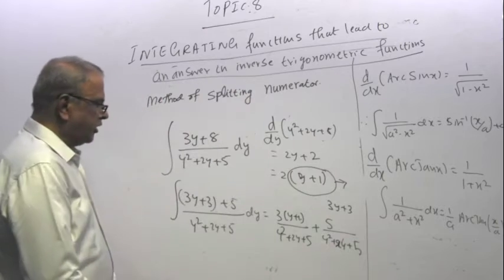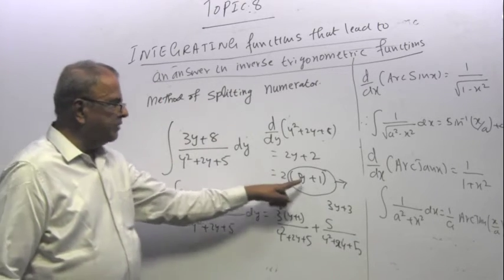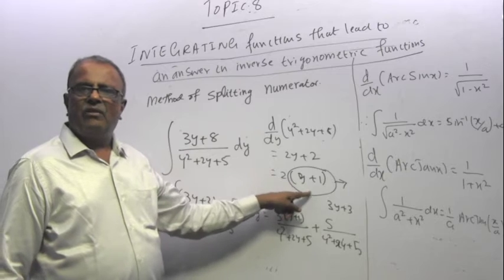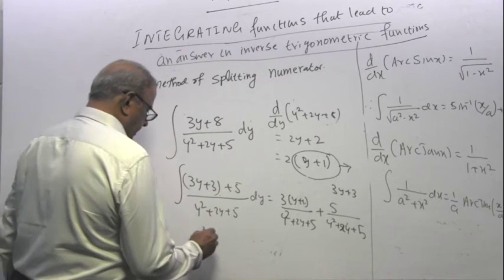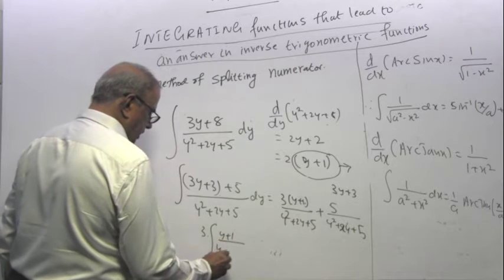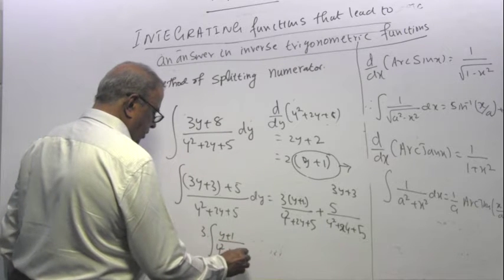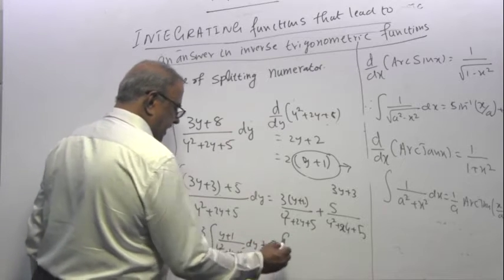I have now split the numerator, but the way you split the numerator is by identifying the derivative of the denominator. Be careful. So that becomes 3 integral y plus 1 over y squared plus 2y plus 5 dy plus 5 integral.